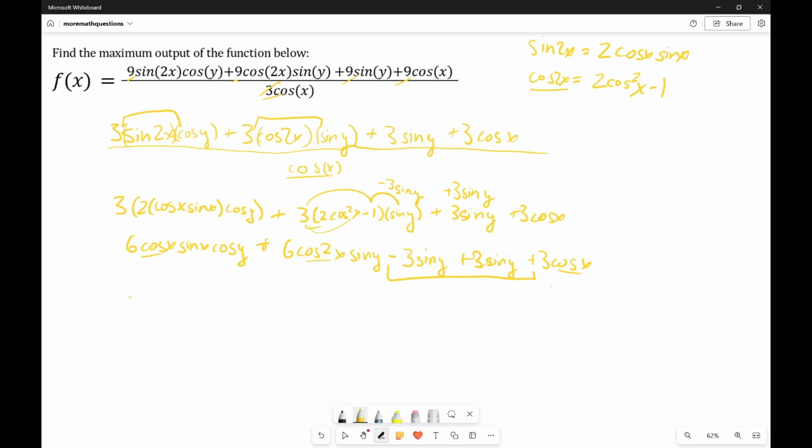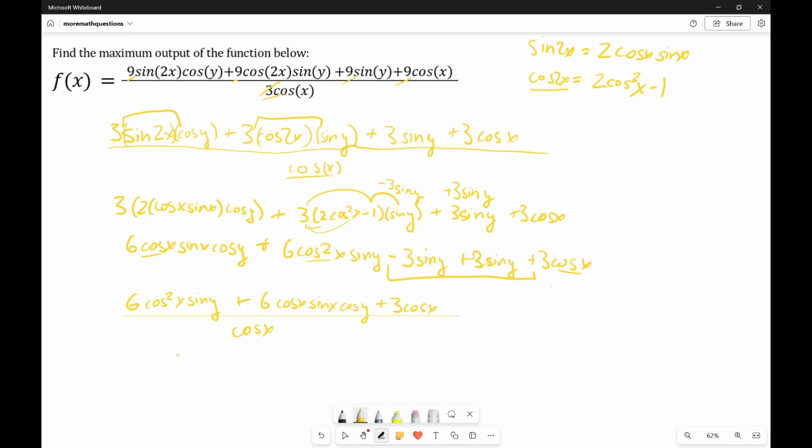So what I'm going to do now is say 6 cosine squared x sine y plus 6 cosine x sine x cosine y plus 3 cosine x, and this is all over cosine x.